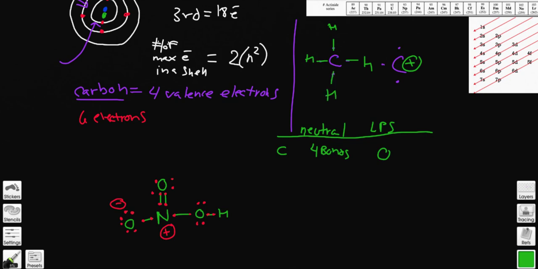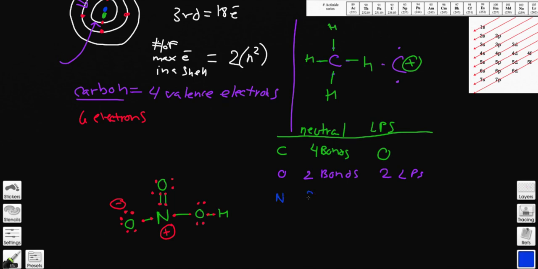Now let's talk about oxygen. Oxygen will be neutral when it has 2 bonds and 2 lone pairs. Now nitrogen.